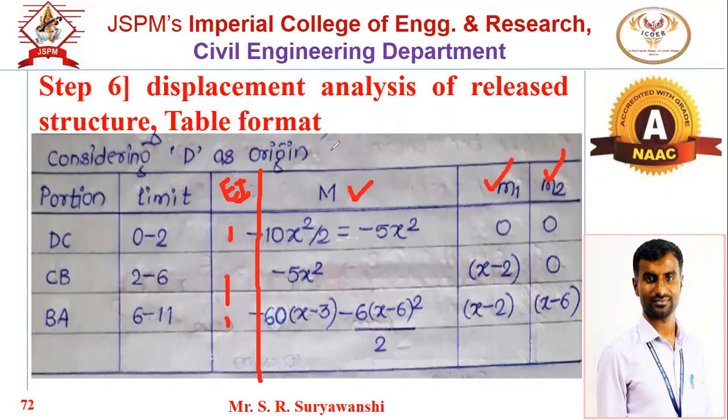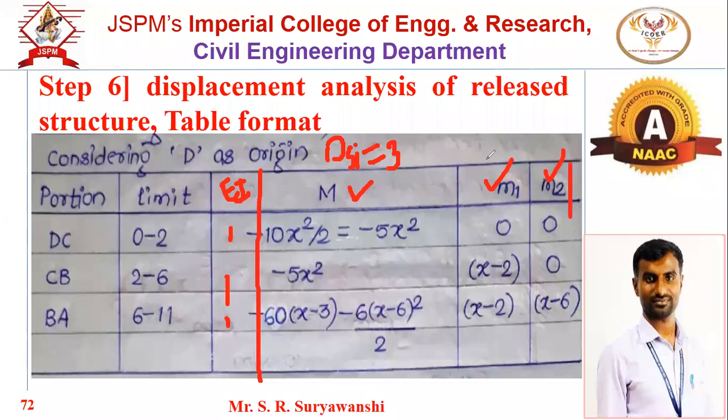Now tell me, if the DSI is 3, then which column we have to add in this particular table? If DSI is 3, what will change in the table? M3 will increase, sir, one zone. Yes, M3 diagram will be added. Here you have to add M3.